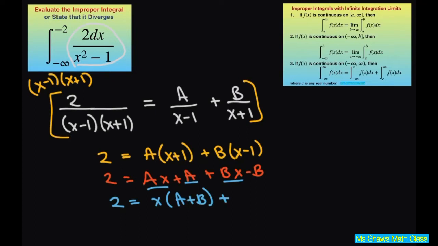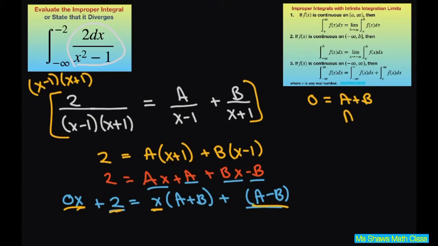If you want, add 0x here; this is your constant. So we're going to equate coefficients. For the x's, we have 0 equals a plus b. And for the constant, we have a minus b equals 2.